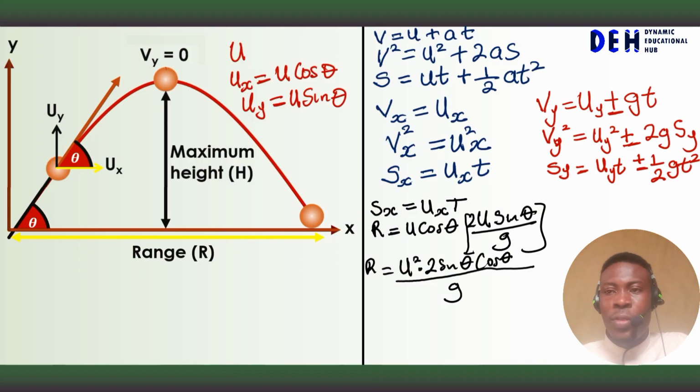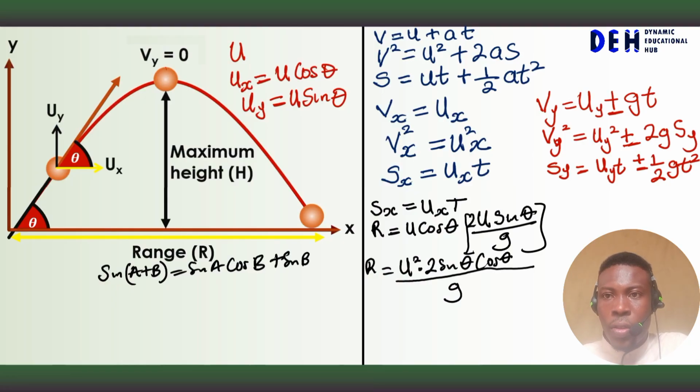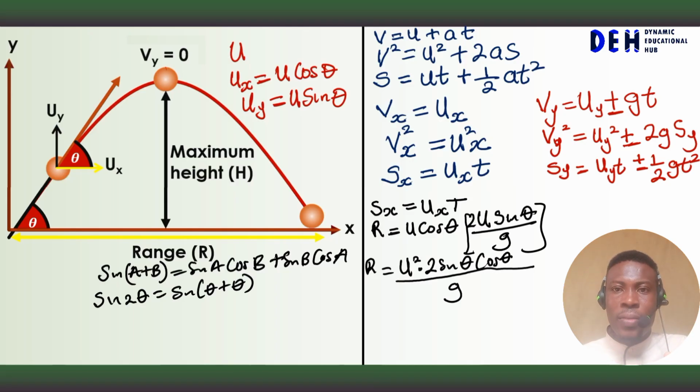Now let's do something. You recall that from the trigonometry identity, sine of A plus B is equal to sine A cos B plus sine B cos A. So instead of theta here, we can have sine 2 theta, which is the same thing as sine of theta plus theta.